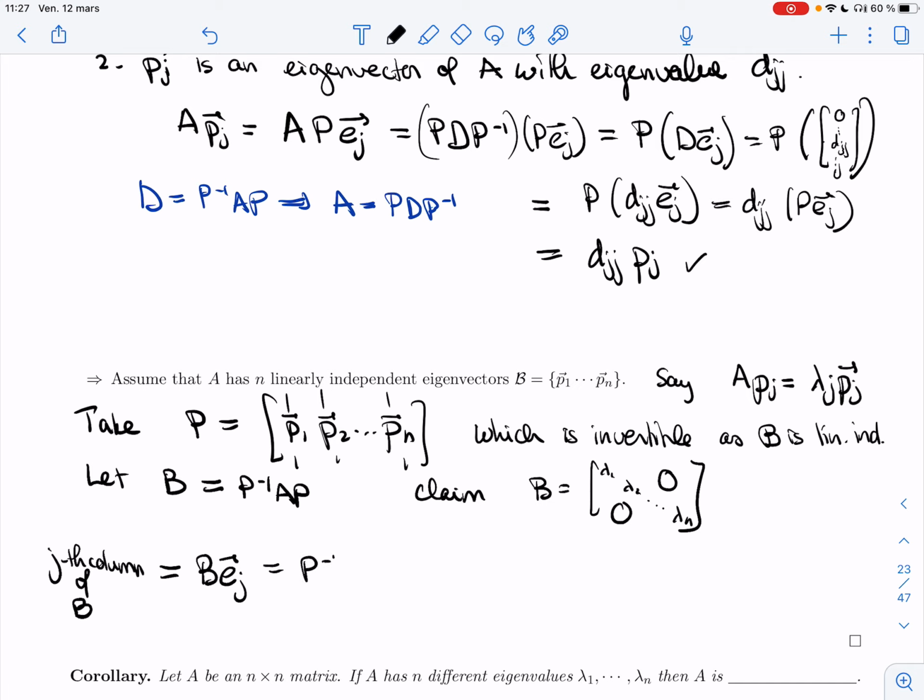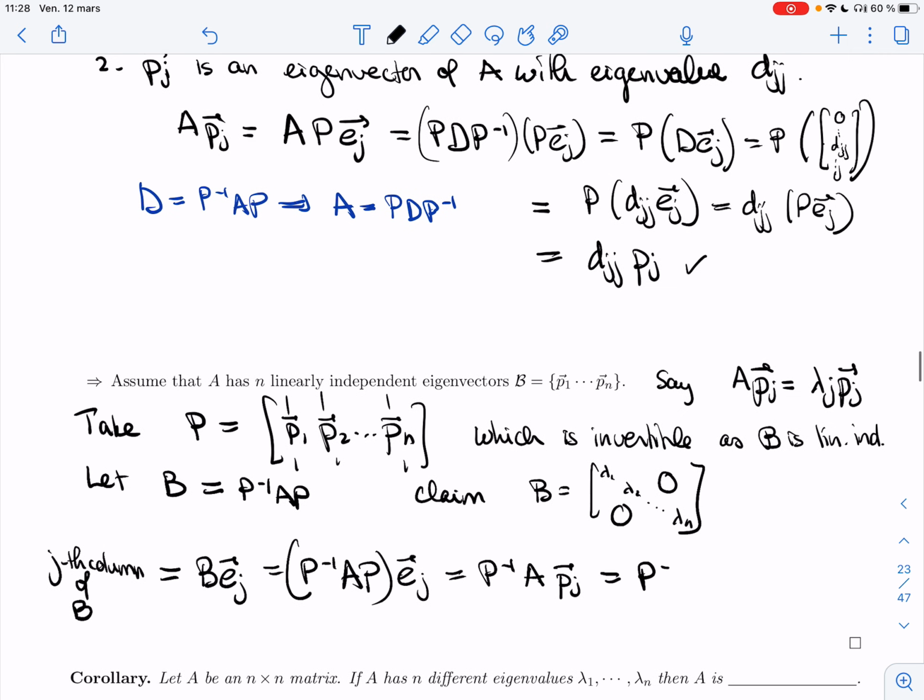We said B was P inverse AP Ej. And then that's P inverse A Pj, where Pj is the jth column of P, and then we have A Pj is lambda j pj, so we get P inverse lambda j pj.